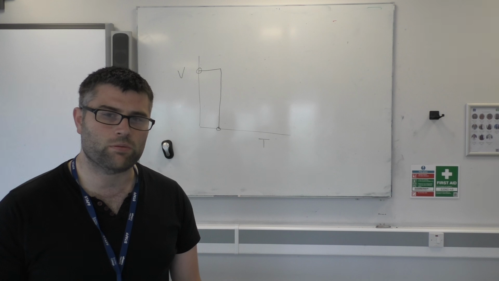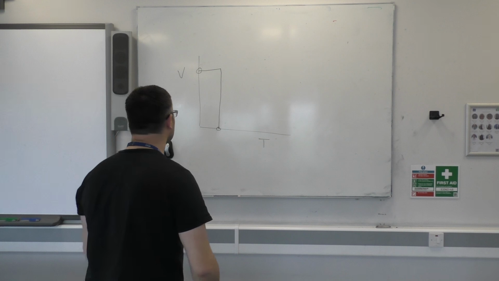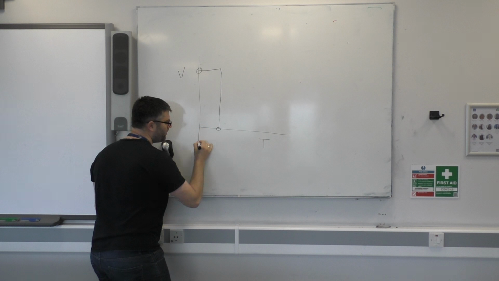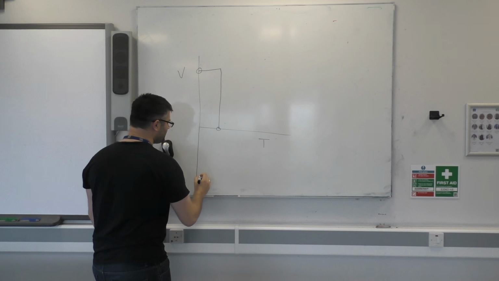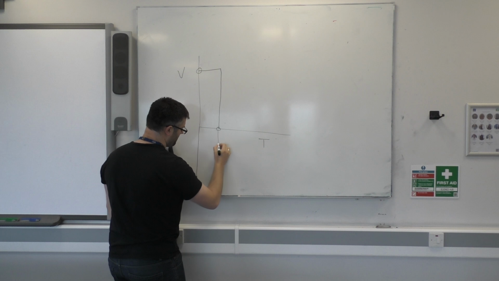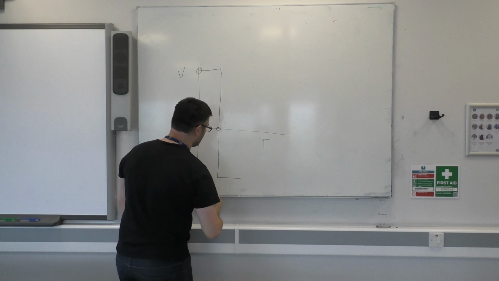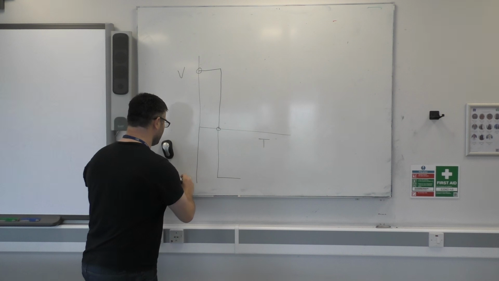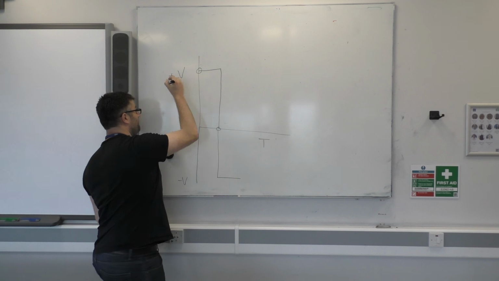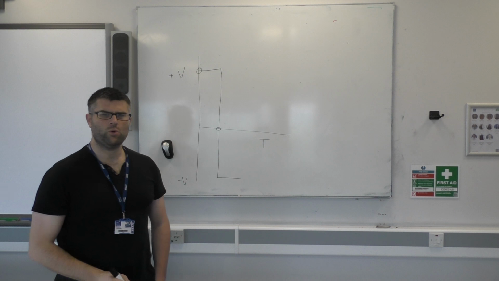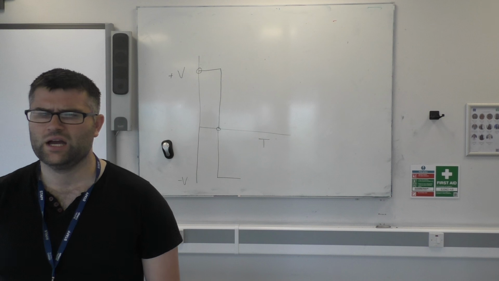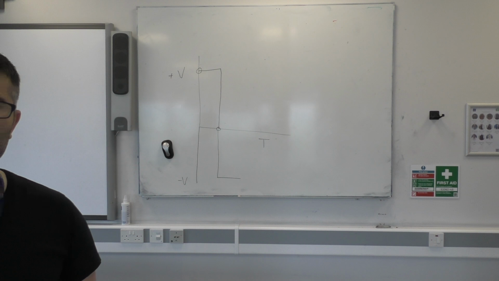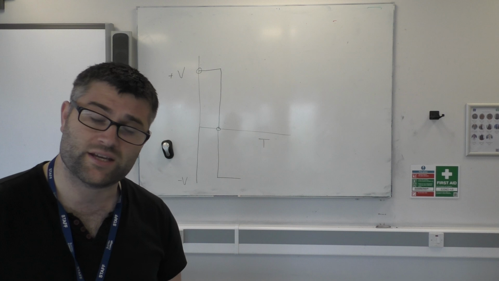Now, here's a problem though. We can extend our velocity time graph into negative values. Well, what does this mean? Okay, well, it's all to do with the fact that velocity is a vector.